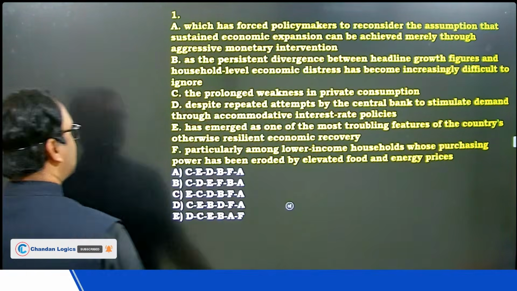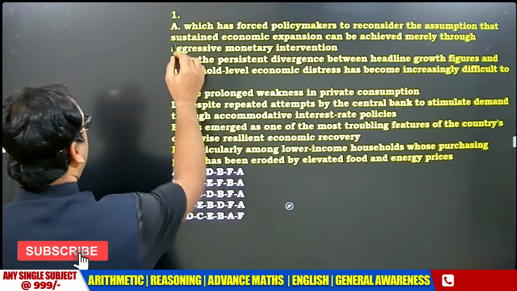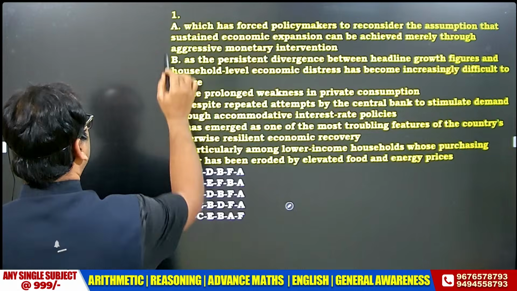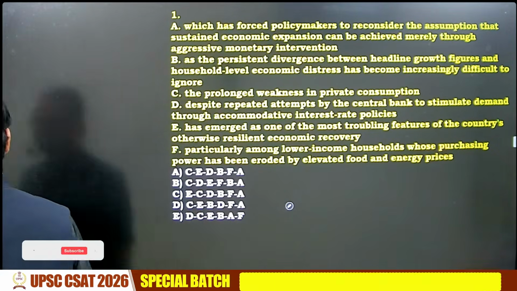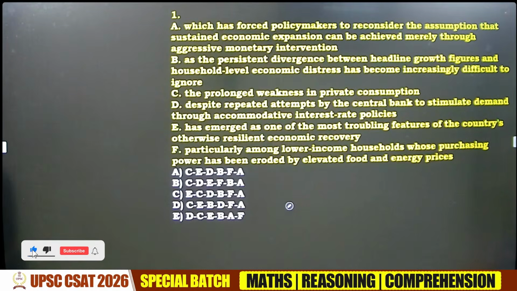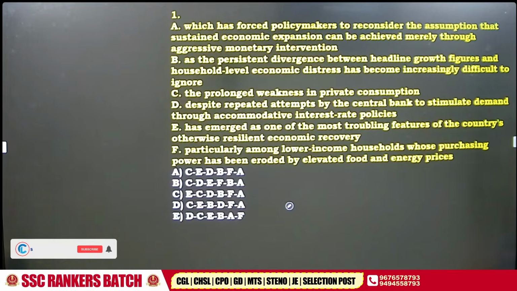Now, my dear friends, look at the very first exercise here: A, B, C, D, E, F. Six sentences are there. Now look at the options. But I'm going to give you only 45 seconds. Can you get the answers in 45 seconds, my dear friends?